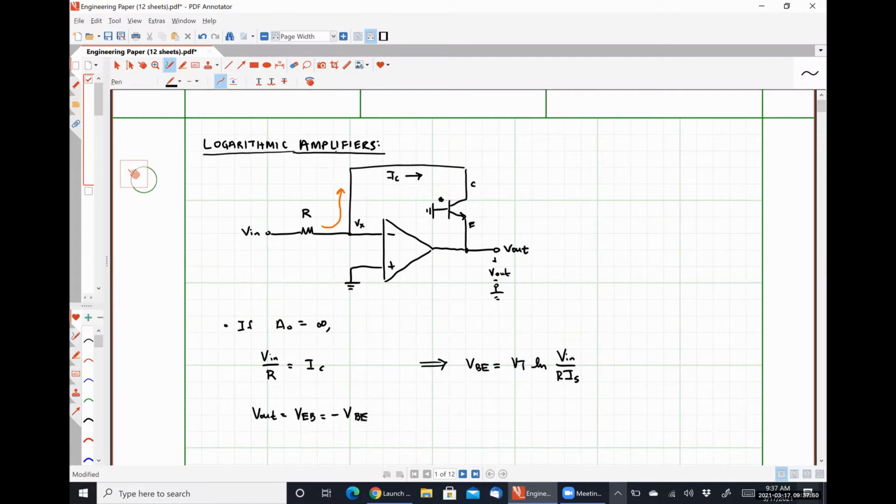If I change the order of my subscript, that is the same thing as multiplying the signal by a factor of -1. And so with this realization, we can see that V out is equal to negative VT natural log of Vn over R times IS. So we have an amplifier wherein the output voltage signal is proportional to the natural logarithm of the input voltage signal.